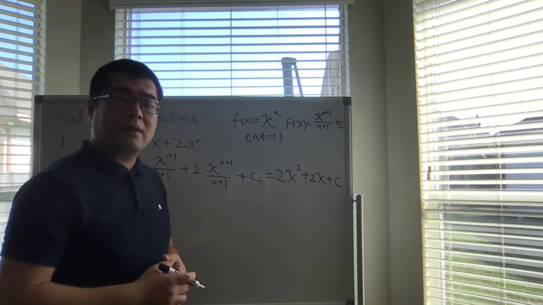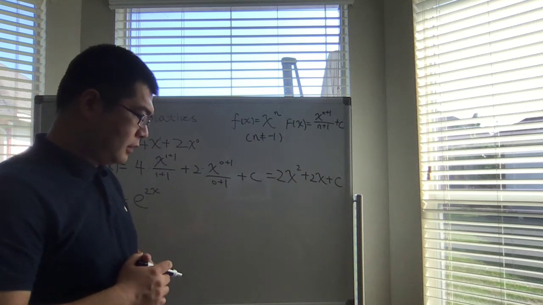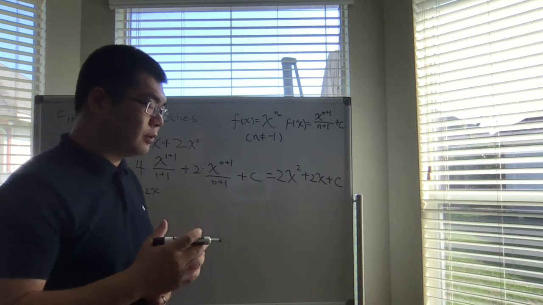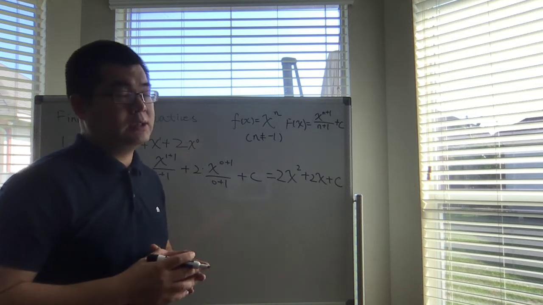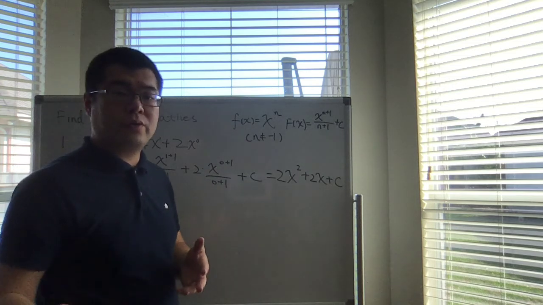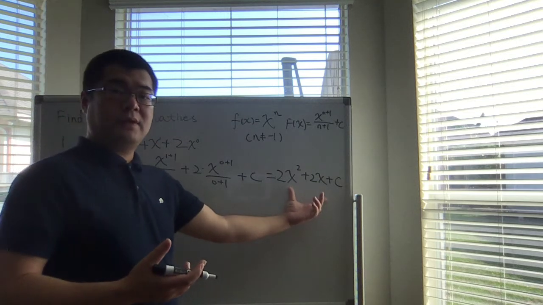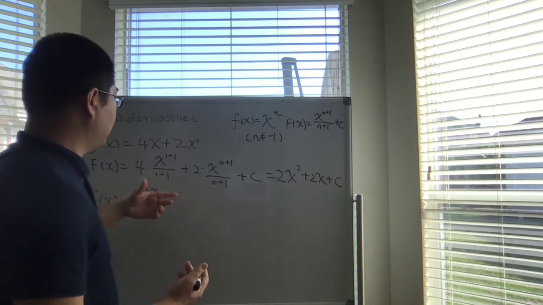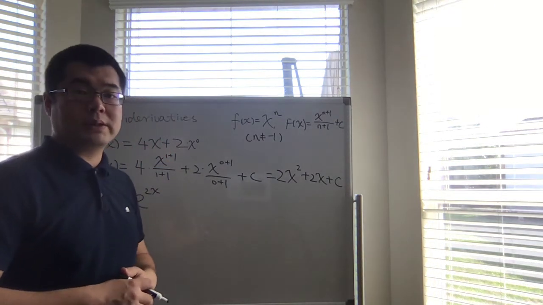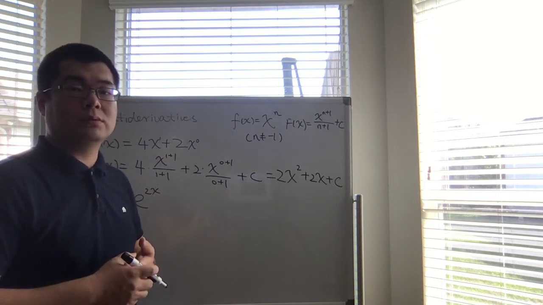And the good thing is, for solving the antiderivative, or later on the indefinite integral problems, you can always check your answers. If you take the derivative of what you have, and then you make a comparison with the original function, if they match, then yes, your answer is right.